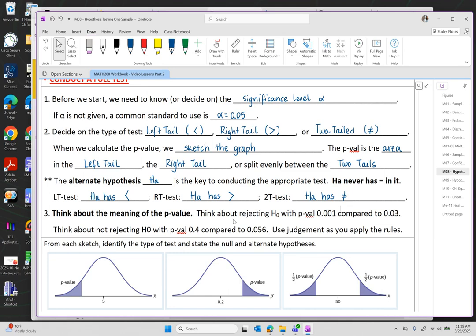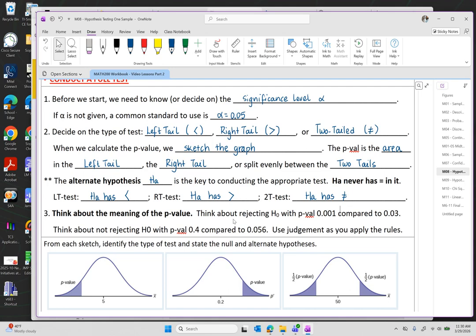The alternative hypothesis will never have the equal sign. The equal sign is part of the null hypothesis. If the alternative hypothesis is a claim that your population parameter is less than the one stated in the null hypothesis, then this is a left tail test.